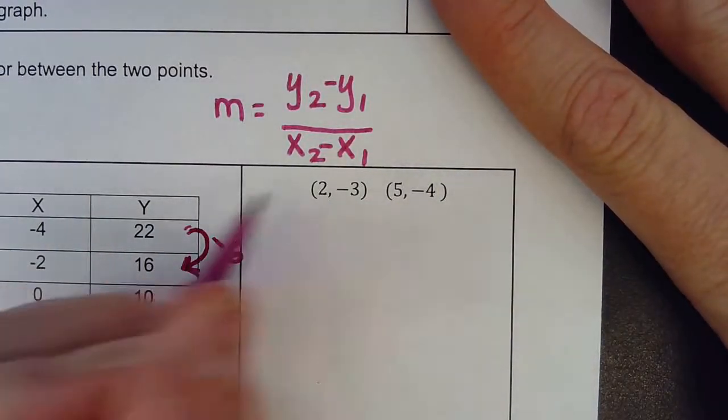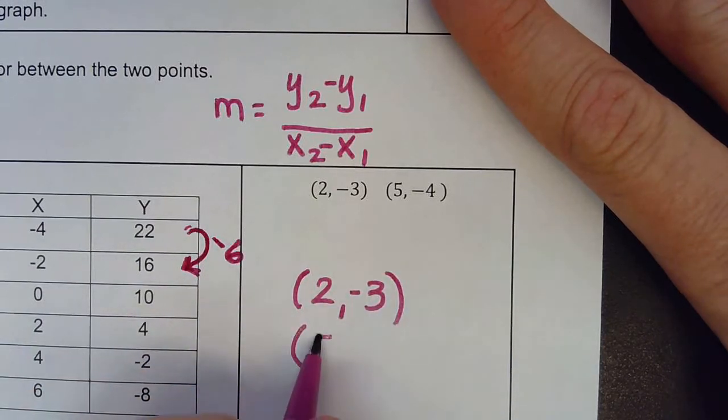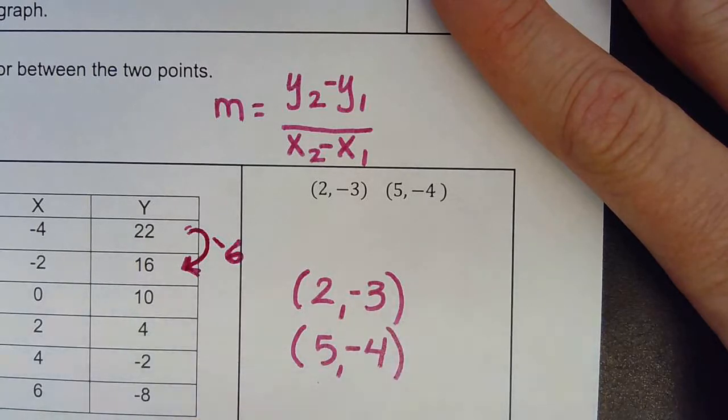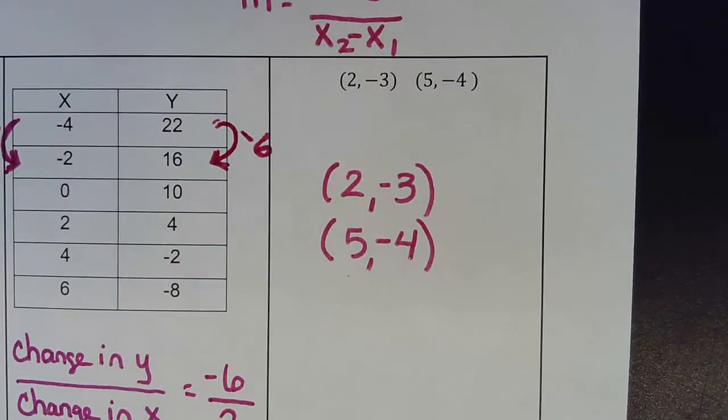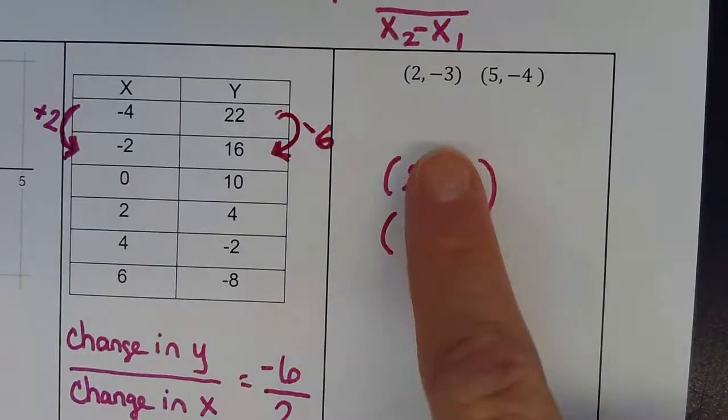So if I take my two coordinates, (2, -3) and (5, -4), I'm going to stack them. And I'm almost going to stack them like they're a table now. This is kind of a little shortcut for you. So if I stack them like a table, now I can do what I did here to find the slopes.